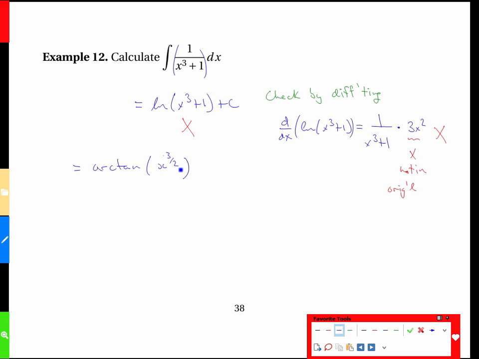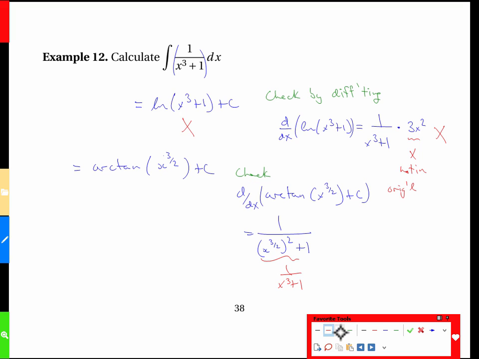So we're guessing, we're trying to take a stab at these things, and again we can check. If we differentiate arctan of x to the 3/2 plus constant, we're going to get 1 over what we have inside, x to the 3/2 squared plus 1. And yay, this is actually 1 over x cubed plus 1.